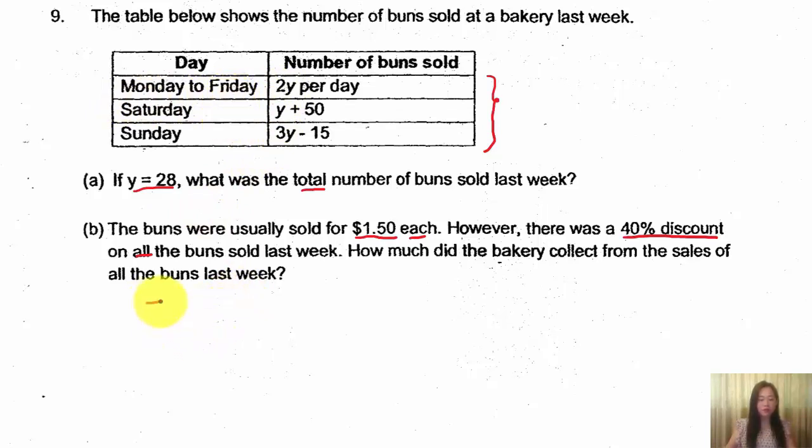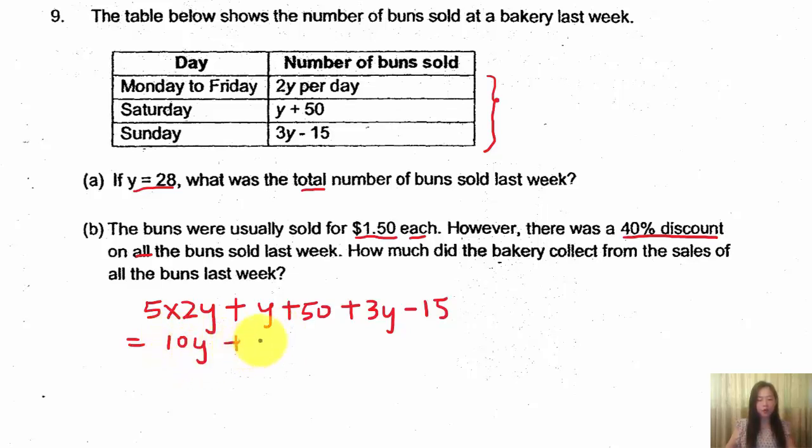So 5 times 2y plus Saturday will be y plus 50, and Sunday will be 3y minus 15. So this will become 10y plus y plus 50 plus 3y minus 15.